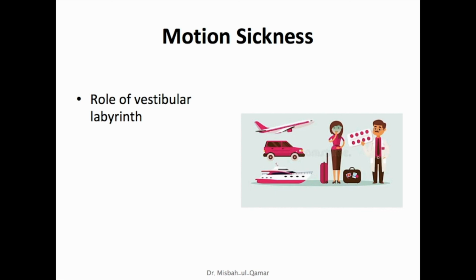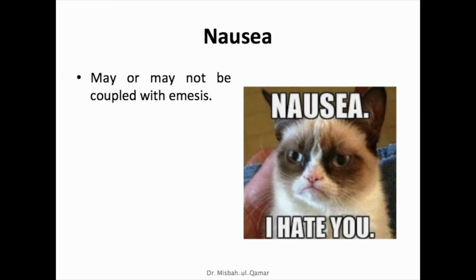These impulses are then transmitted to the vestibular nuclei of brainstem, and from there, not only to the cerebellum but also to the chemoreceptor trigger zone, and that's how rapidly changing motion it could result into vomiting. Does that also sound familiar?